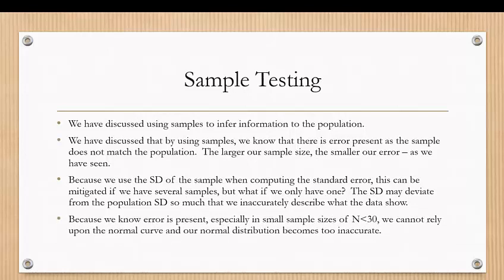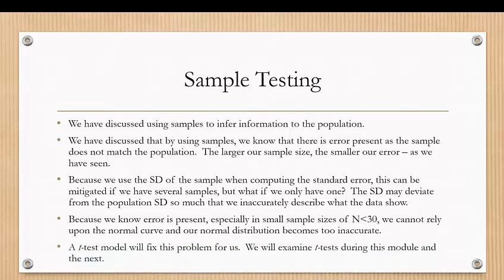Because we know error is present, especially in small sample sizes where n is less than 30, we cannot rely upon the normal curve or our normal distribution, as it will become too inaccurate. So we're really looking at smaller sample sizes of less than 30.